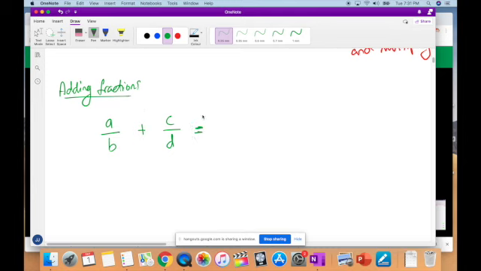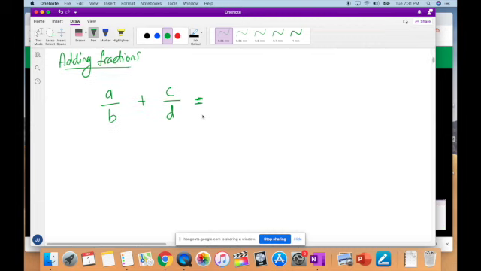Well, that's an interesting thing you just said there. If you have, say, 1 on 3 plus 2 on 3, they have the same denominator. So that means that you could just keep the denominator and add your numerators. Right.